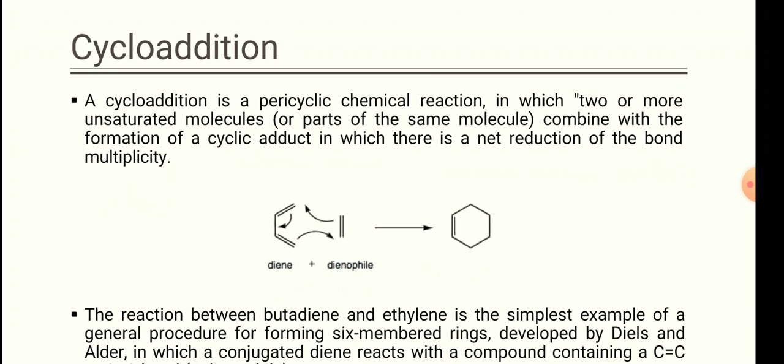So if you consider the cycloaddition, yes, it is very important, and in cycloaddition the Diels-Alder reaction is extra important. The cycloaddition is a pericyclic chemical reaction in which two or more unsaturated molecules, here two, because we are taking diene and dienophile, combine with the formation of a cyclic adduct.